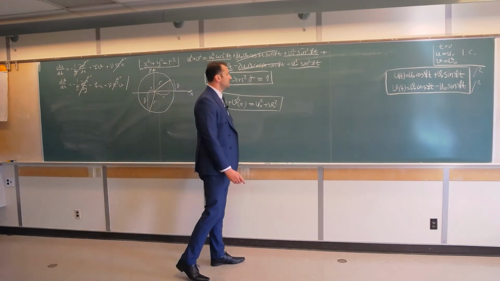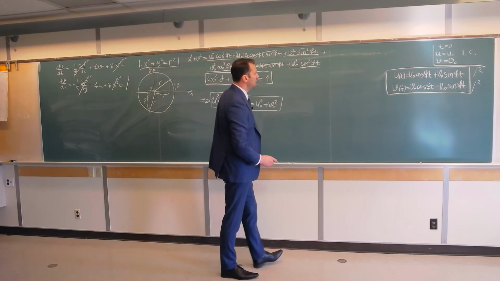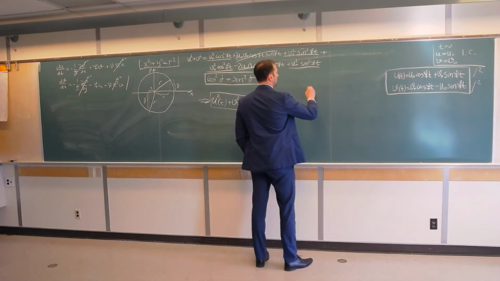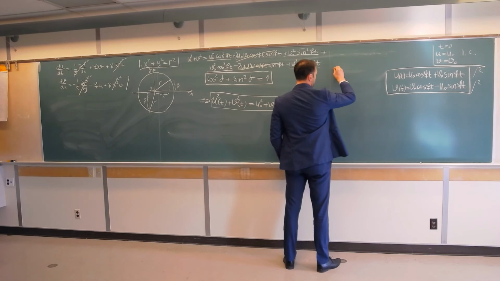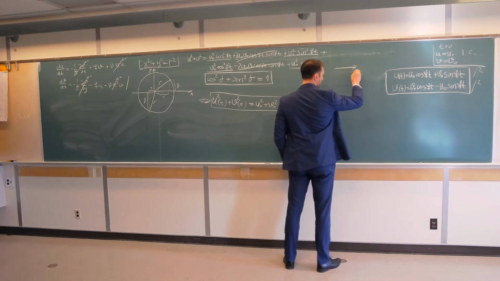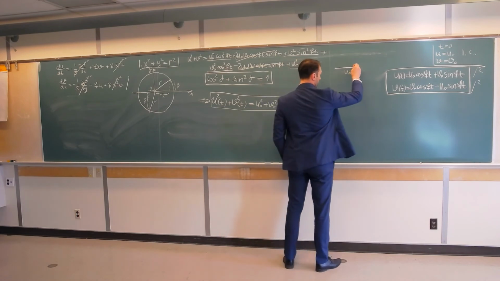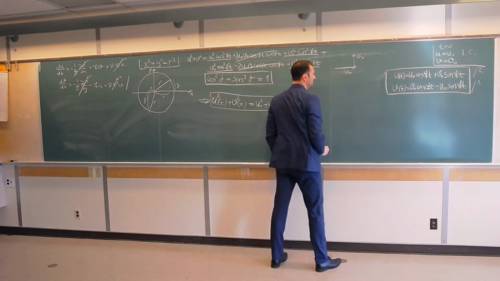So let me maybe just say a few more things about this. If we take our initial condition over there, this is u naught at time t equals 0, and this is v naught at time t equals 0.